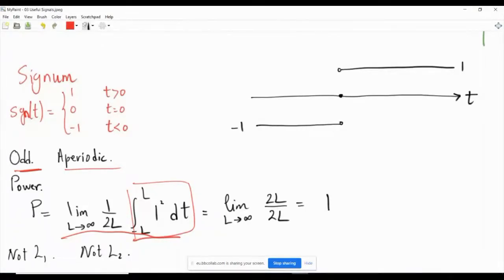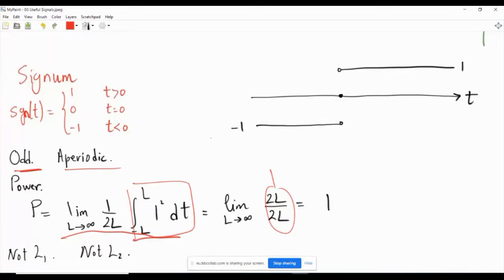When you integrate it from minus L to L, that's 2L, and in the definition of the average power, you divide by 2L. So this will give you 1. The limit of 1 as L goes to infinity is just 1. So it is a power signal, and its average power is exactly equal to 1.